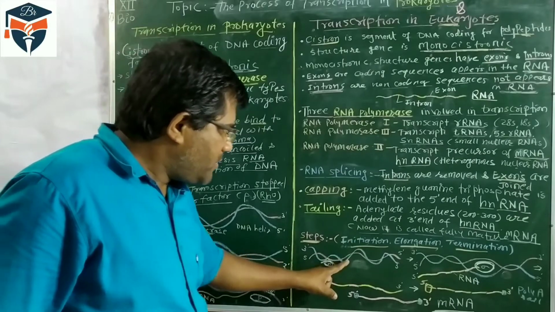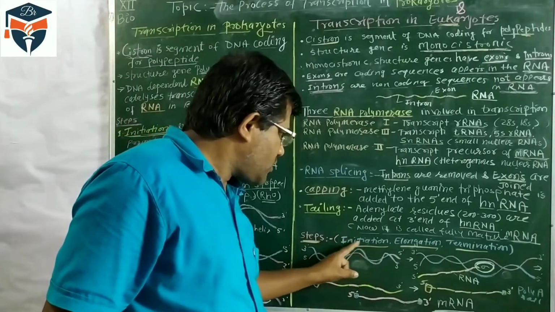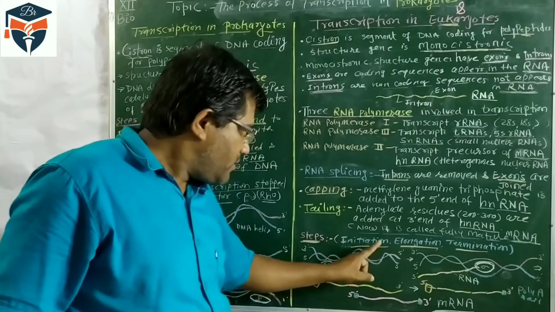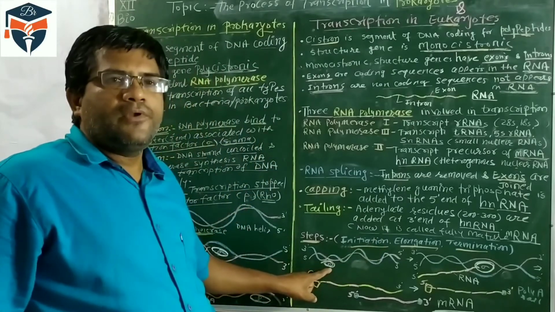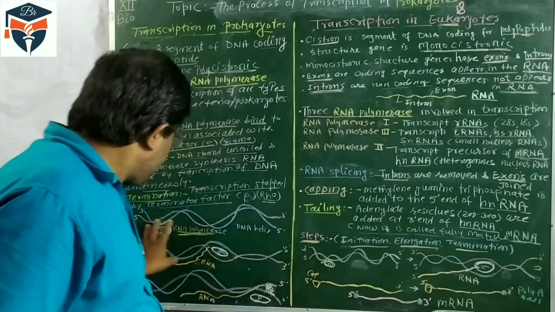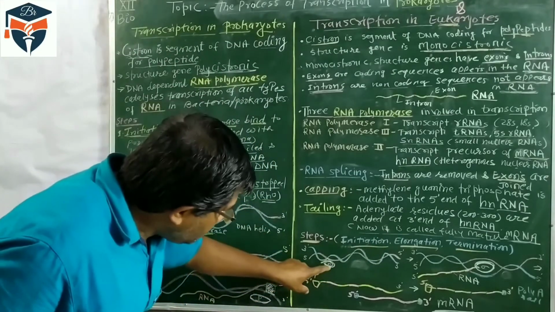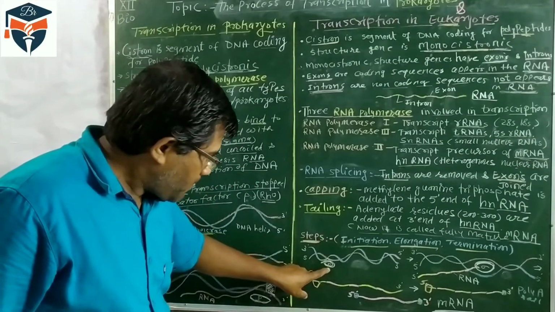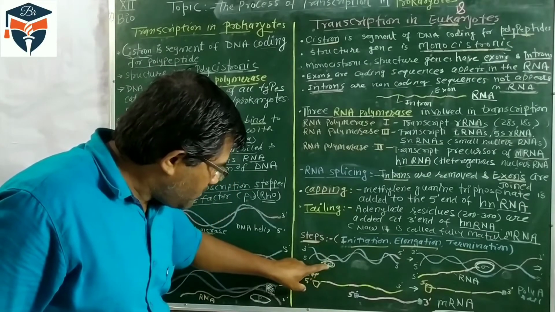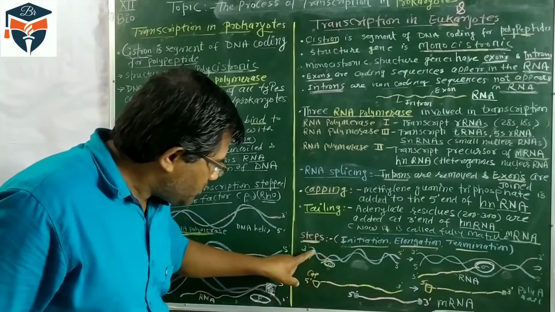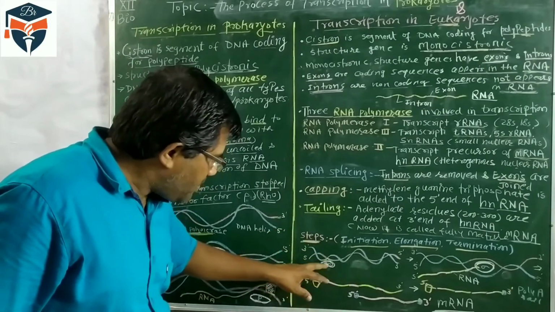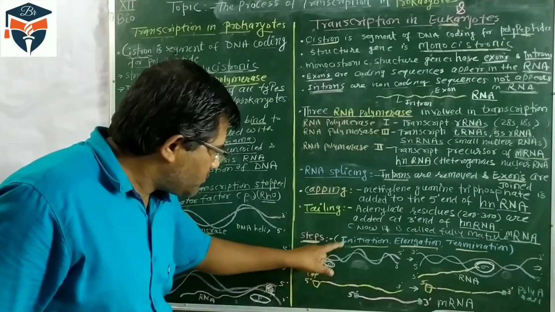In the DNA molecule, the first process will start, initiation. What happened here? This RNA polymerase along with the sigma factor, like in prokaryotes, combines with the promoter site here. When it combines with the promoter site, the process is started.